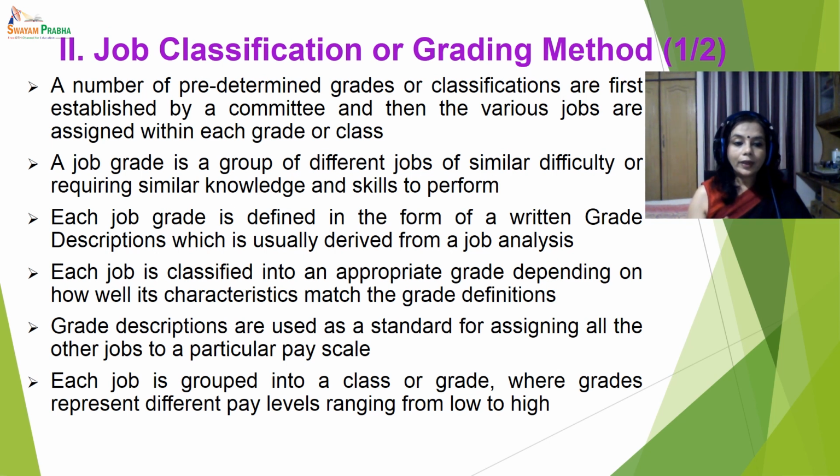Each job is classified into an appropriate grade depending on how well its characteristics match the group definition or grade description. Grade descriptions are used as a standard for assigning all the other jobs to a particular pay scale. Each job is grouped into a particular class or grade which represents different pay levels ranging from low to high.